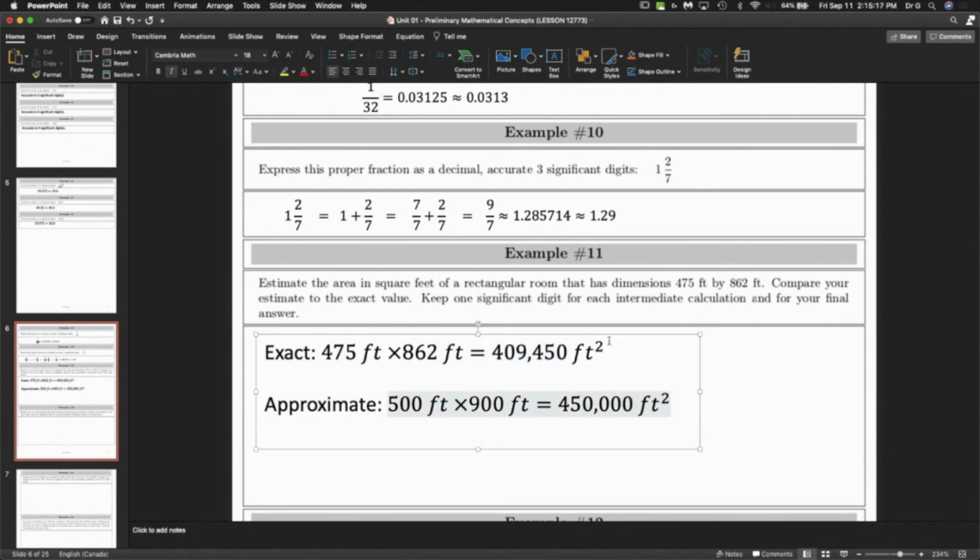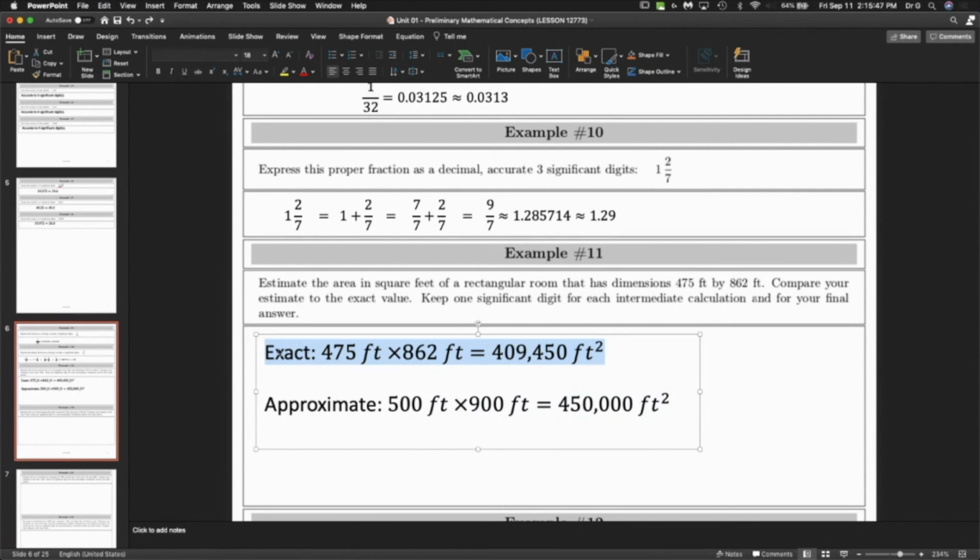The idea is that, what if you didn't have this? What if you were in a meeting and you had to figure out how much supplies to order? Let's say someone's like, hey, how many square feet is it roughly? You need a quick answer. You need to figure out a number in less than 5 seconds. If you can do this thing in blue in your head, then you don't need the approximation, because you're good enough to do it in your head.